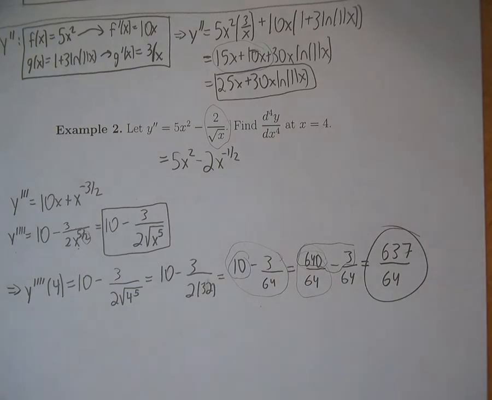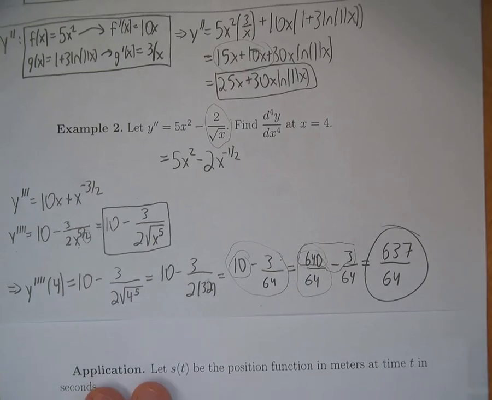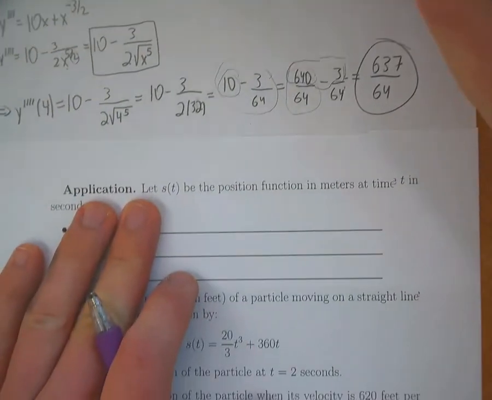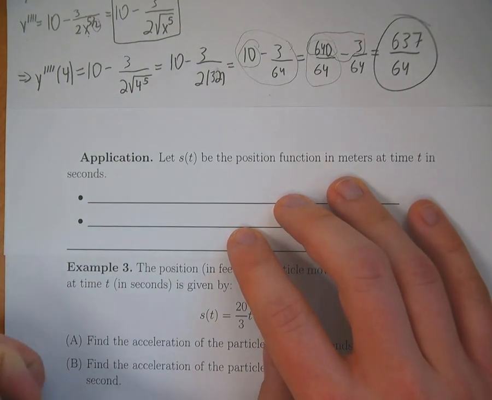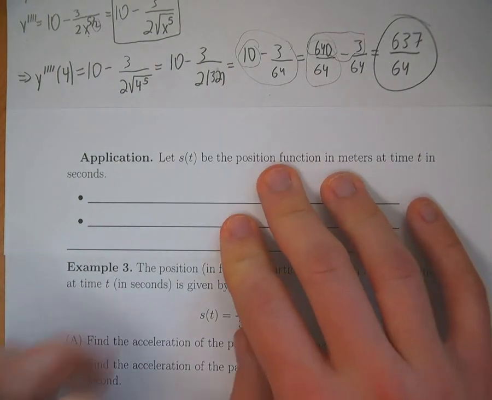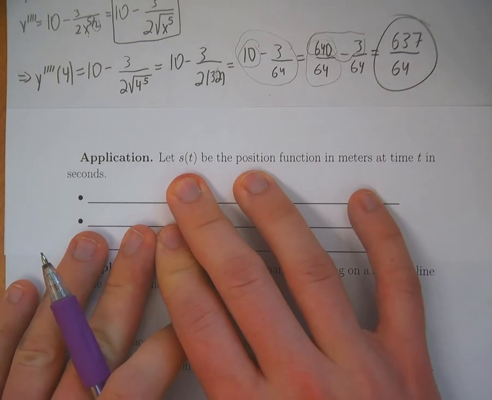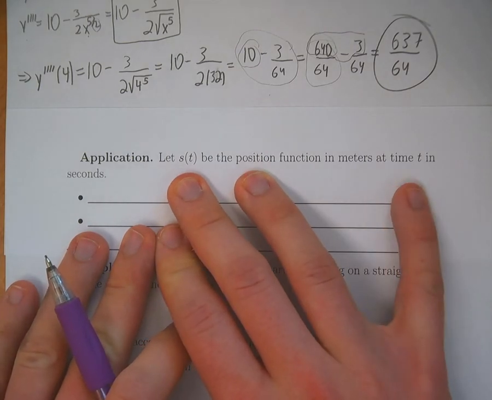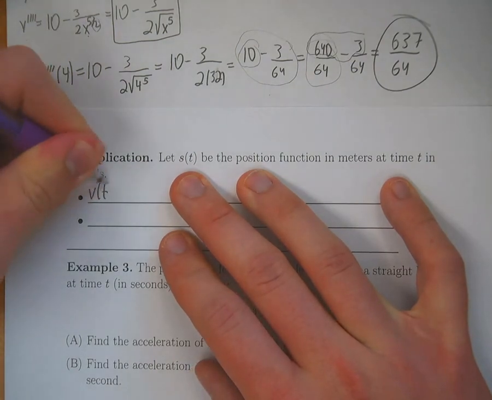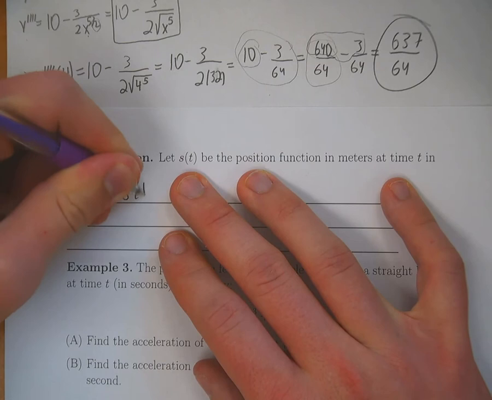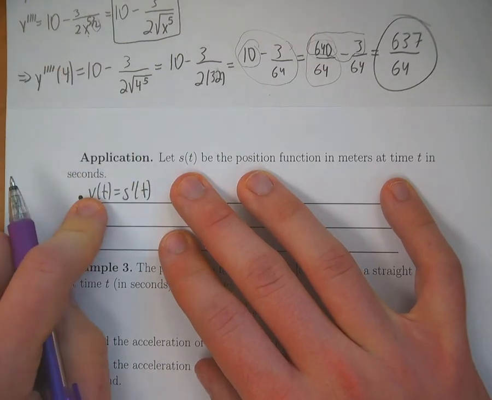So, now that we have the basic concepts down, let's go ahead and see a quick application of this. Let's look back at our good old position function here. So if we let s of t be the position function in meters at time t in seconds, then as we've already established, if we differentiate the position function, we just get the velocity function v of t.